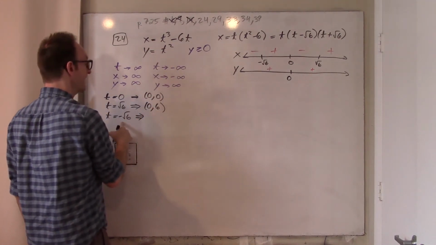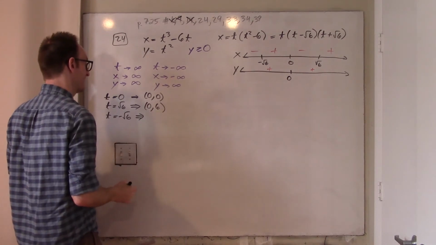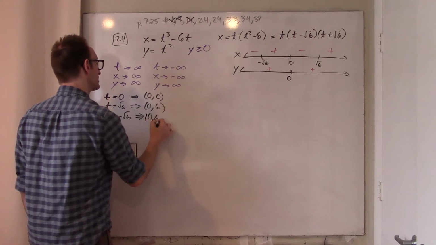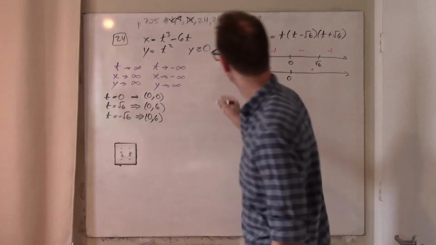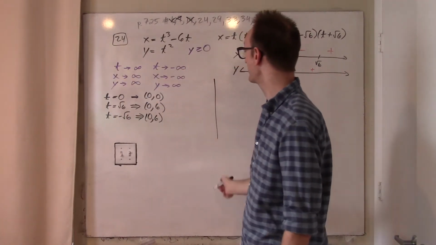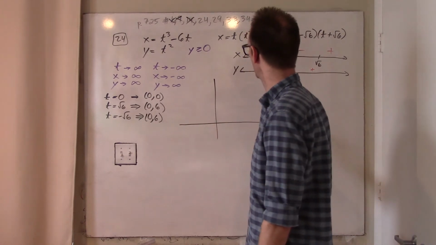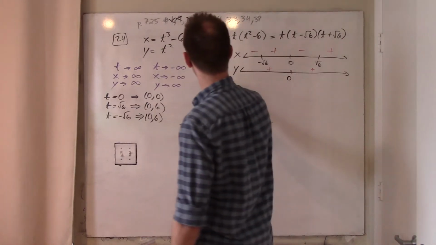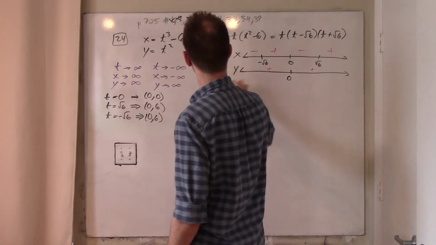And if I plug in negative root 6, I get also 0, 6. So that means that this curve, I'm just going to tell you already, looks kind of like this. There's a point 0, 0. There's a point 0, 6.